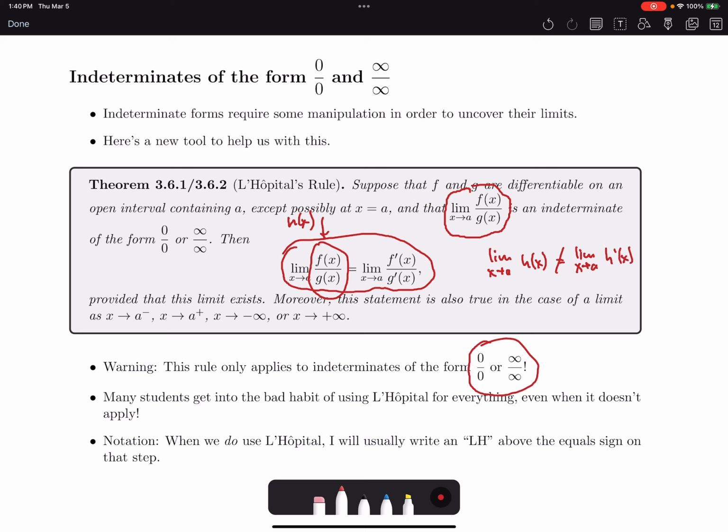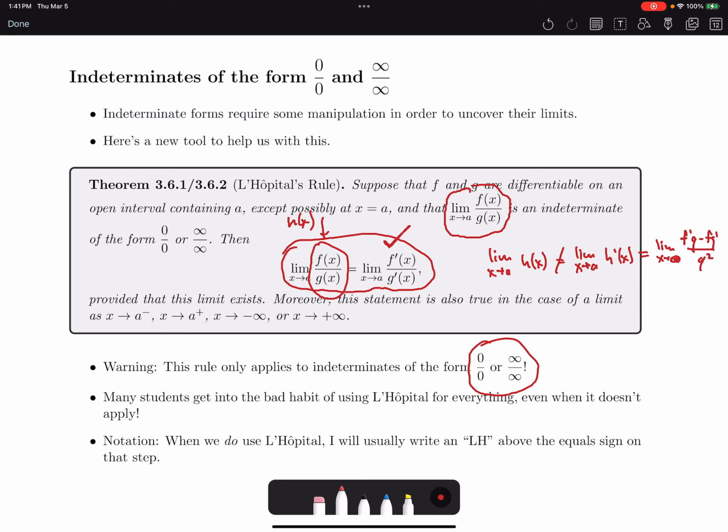If h of x is f of x over g of x, then h prime of x would have to be f prime g minus f g prime over g squared. We would have to use the quotient rule, and that's not what we're doing here. We're taking the derivative of the numerator and denominator independently.